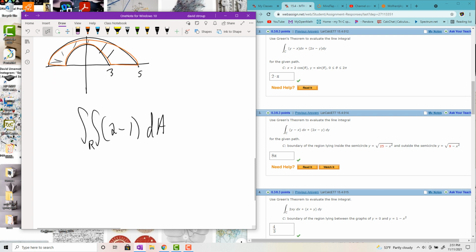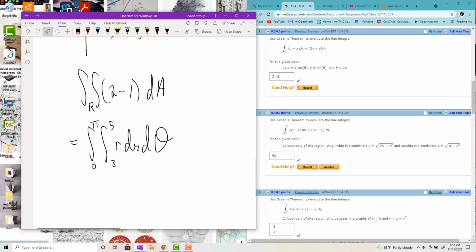So we'll go to polar coordinates. It's clearly the best way to proceed on that one. 2 minus 1 is just 1, and then of course we have r dr d theta. I'm going from r equals 3 to r equals 5, and then theta from 0 to pi, and that should get the job done. So it's going to be the integral of r squared over 2, evaluated from 3 to 5, d theta.